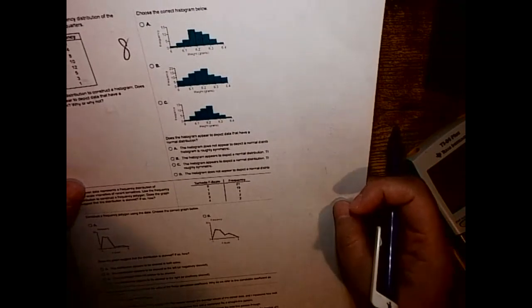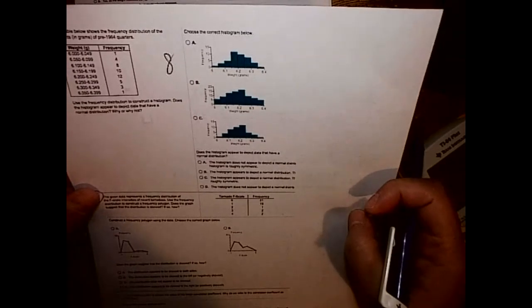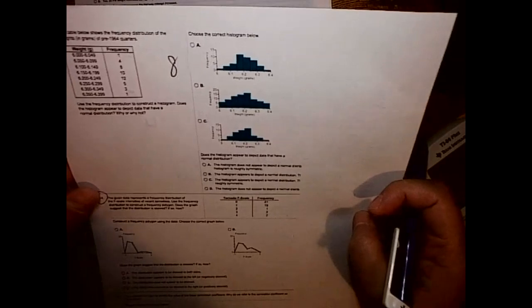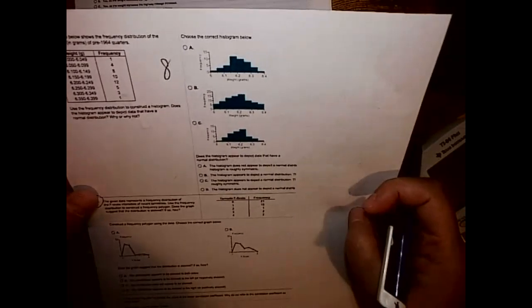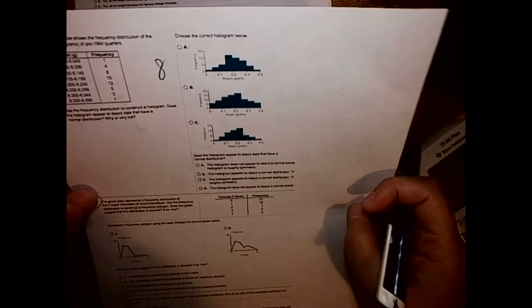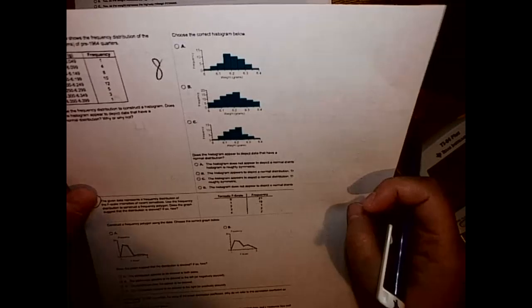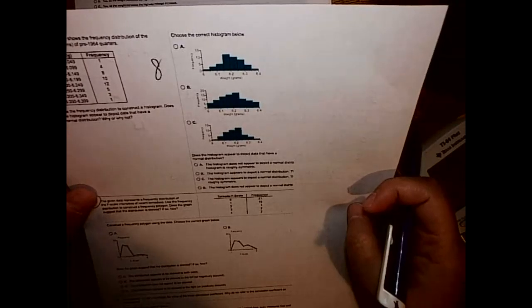The frequency for each class is going to be the height for each bar. The first class is the first bar. Since the frequency is 1, the height of the bar is going to be only 1, very, very tiny.